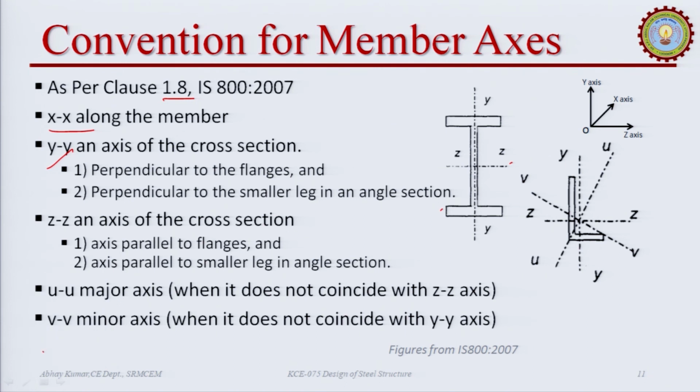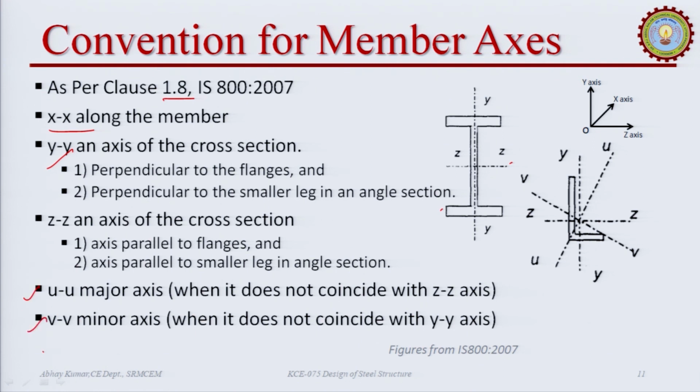Now, let us talk about these axes in the angle section. In the angle section, the axis perpendicular to the smaller leg will be the YY axis, and the axis parallel to the smaller leg will be the ZZ axis. There are two other axes also mentioned, the UU and VV axes. What are UU and VV?